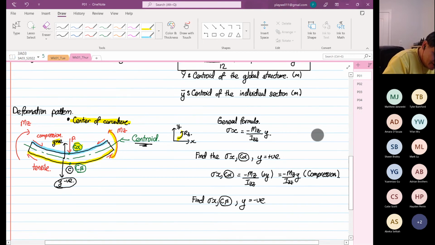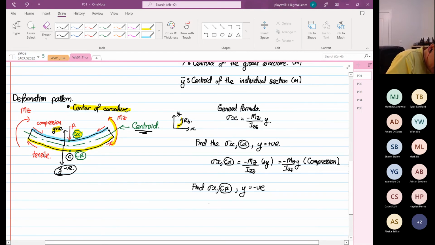So when that's the case, stress X of point C beta will be equal to minus Mz over Izz multiplied by negative y now.